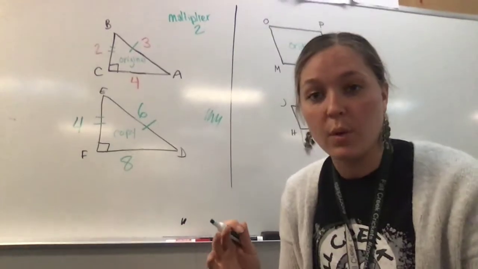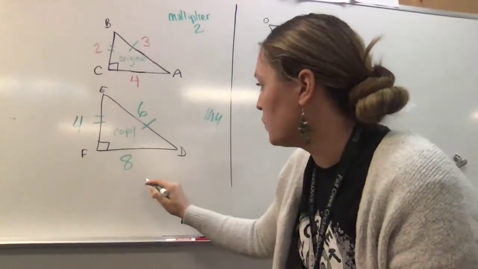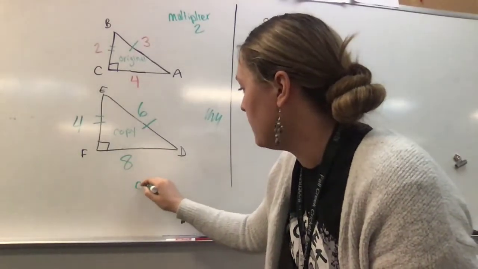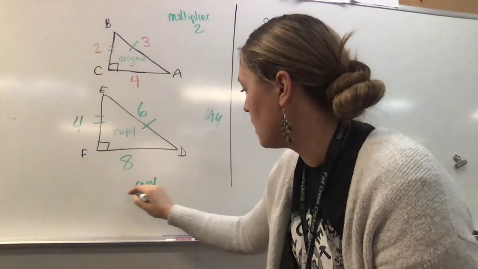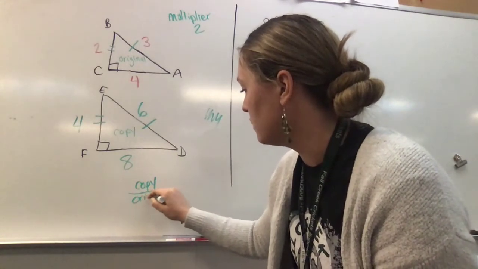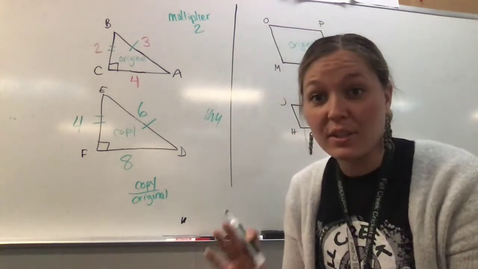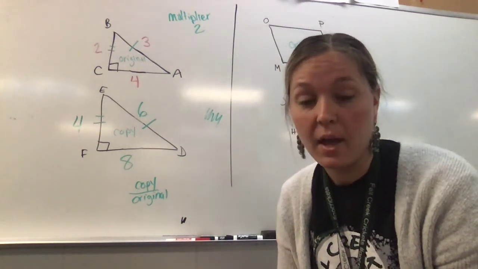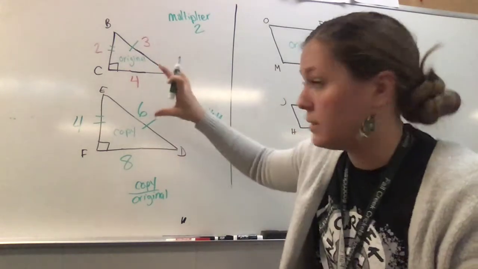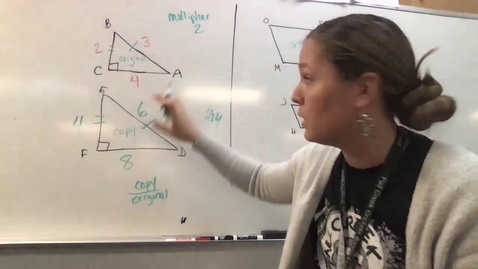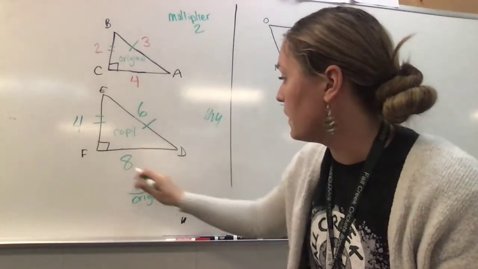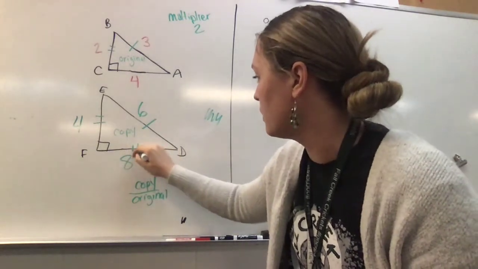So the way that we write scale factor is we do copy over original. Now every set of corresponding sides has to be equal to 2. So my copy, let's say we do this one. We'll put 3 lines here.